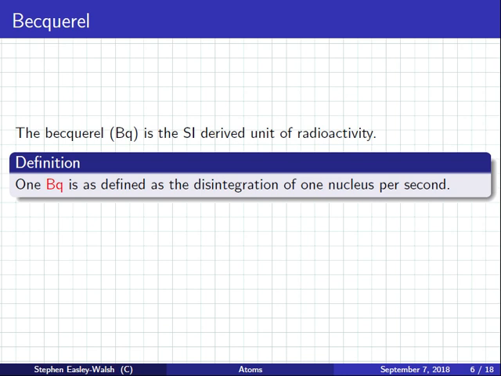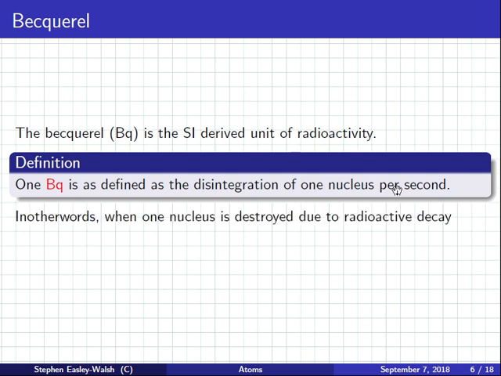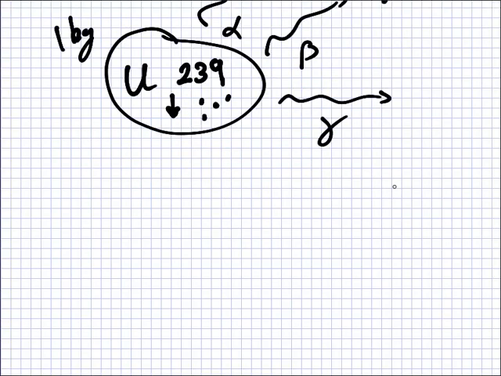Got that? Yeah. In other words, when 1 nucleus is destroyed per second, we say the activity is 1 BQ. Now, I just want to be clear.